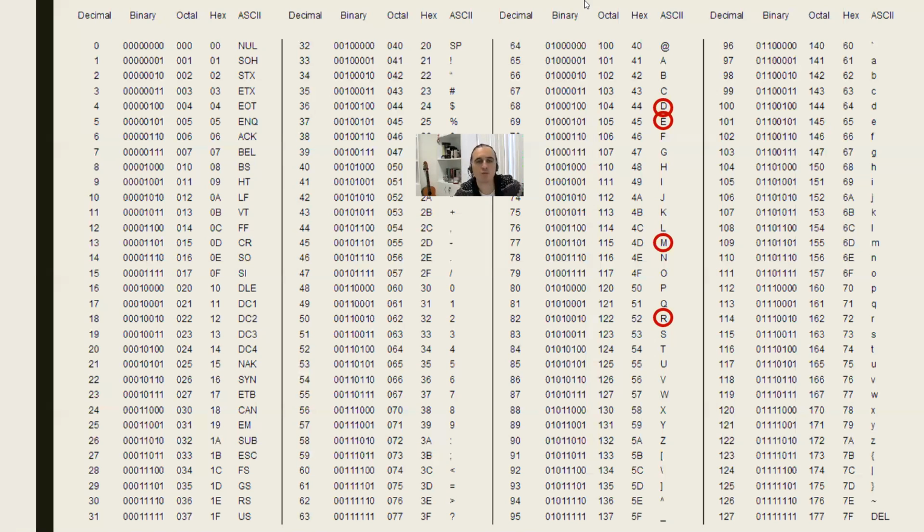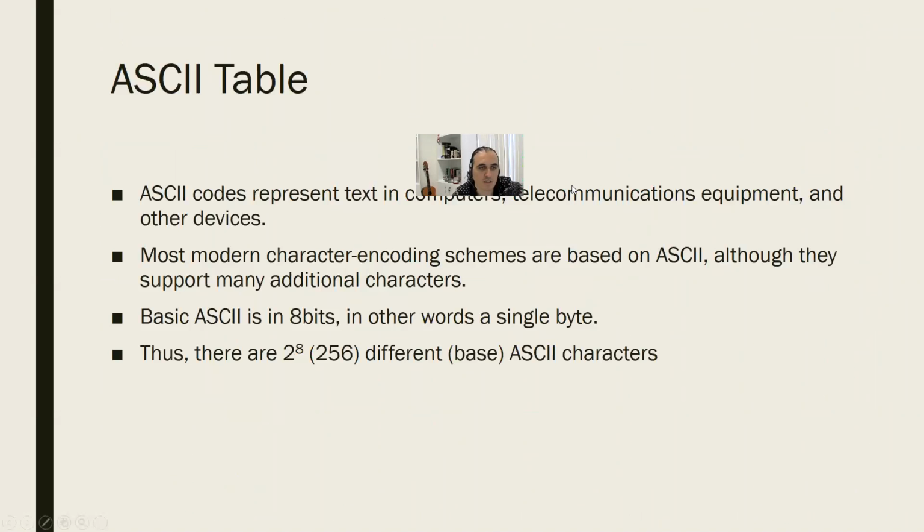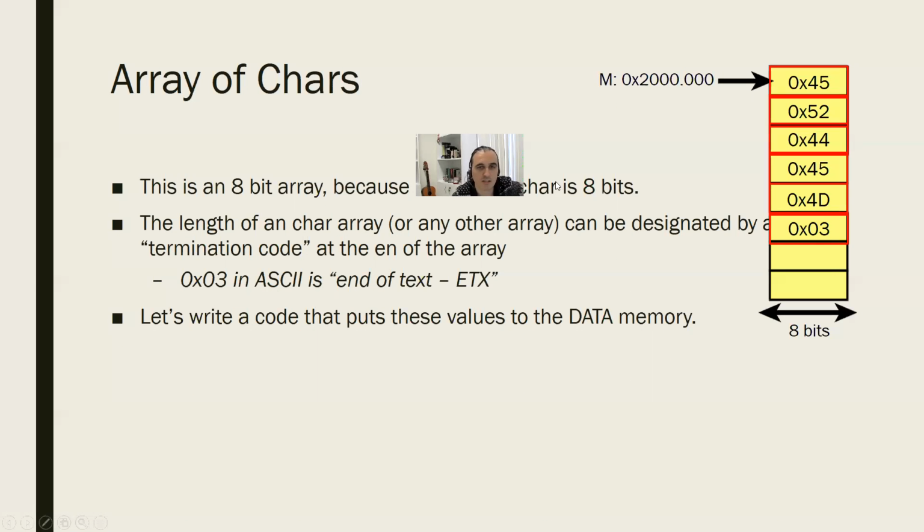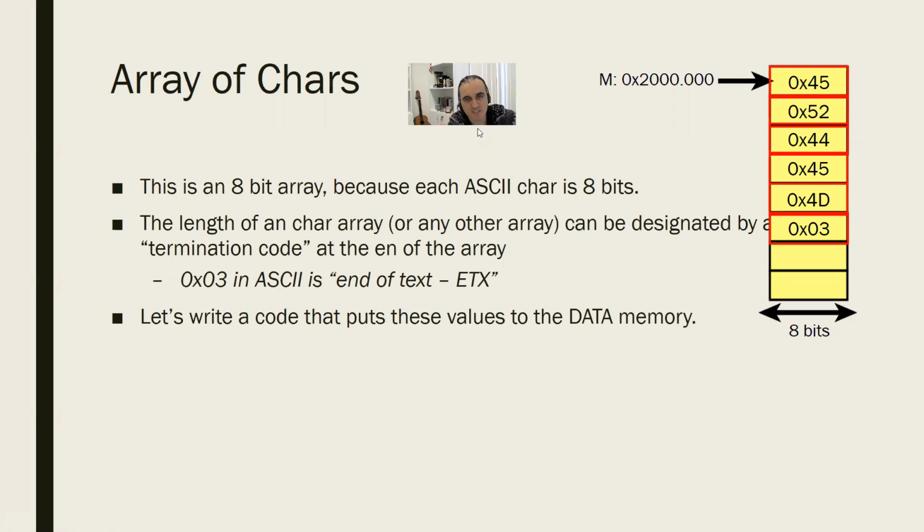Okay, let me continue then. So how do we represent sentences or letters? How do we represent a sentence? You create arrays of characters. Well, lucky for you, you've just learned arrays the previous week. And you know how to create different precision arrays, which means the size of each element in the array can be defined by you.